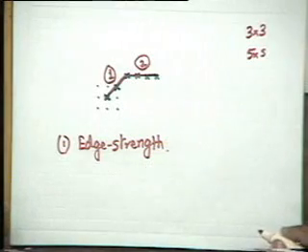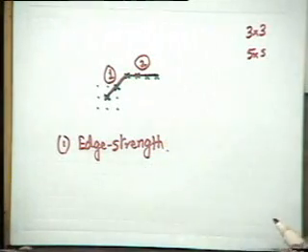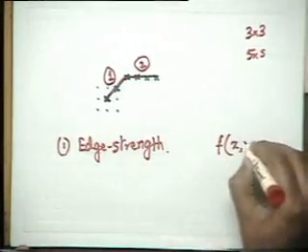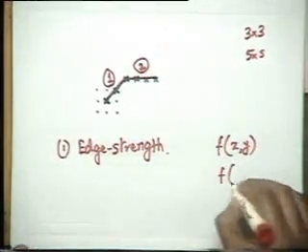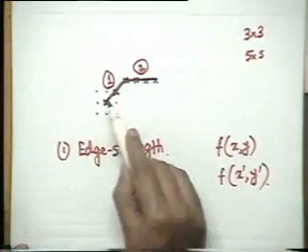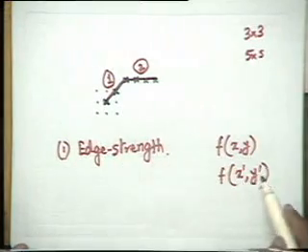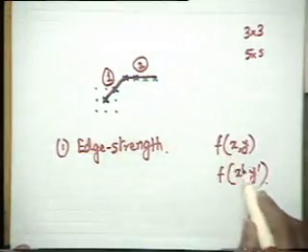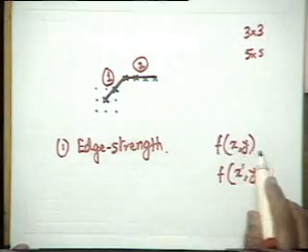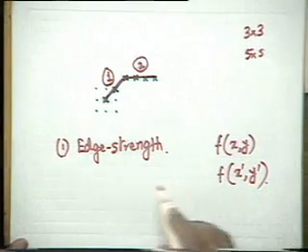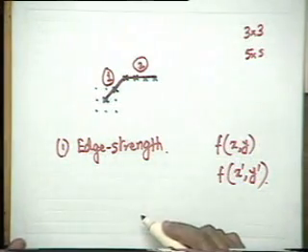In edge strength, if we have 2 pixels defined at positions xy and x prime y prime, with intensity values f(x,y) and f(x prime, y prime) respectively, then how can we measure the edge strength? How do we measure the edge strength?